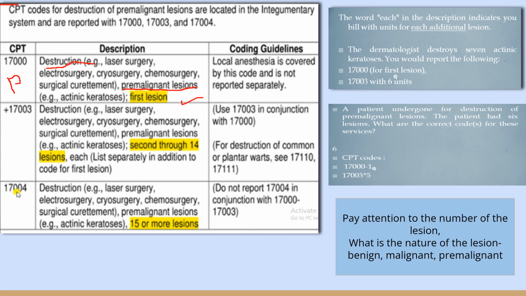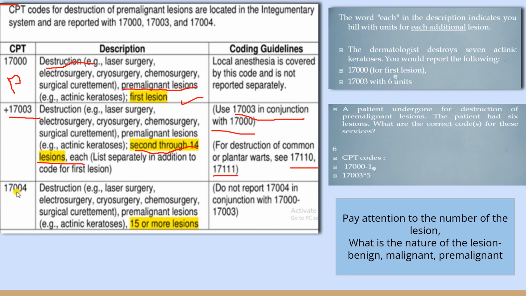And then 17003 is the add-on code and it covers second through 14 lesions, and it is written each. So remember to use 17003 in conjunction with 17000, and for the destruction of the common or the plantar warts, which is a benign lesion, they have told us to code them from 17110 to 17111.